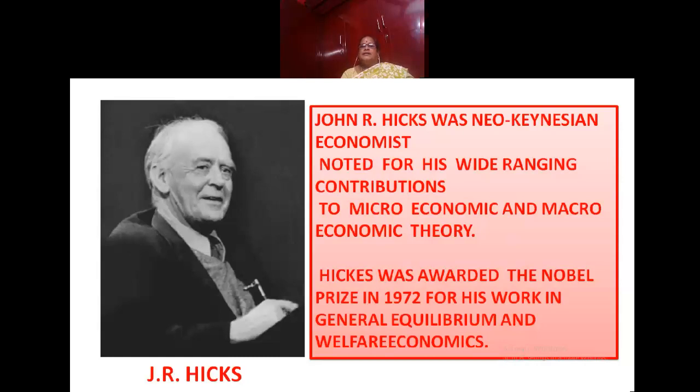J.R. Hicks, John R. Hicks, was a neo-Keynesian economist, noted for his wide-ranging contributions to microeconomic and macroeconomic theory. Hicks was awarded the Nobel Prize in 1972 for his work in general equilibrium and welfare economics.